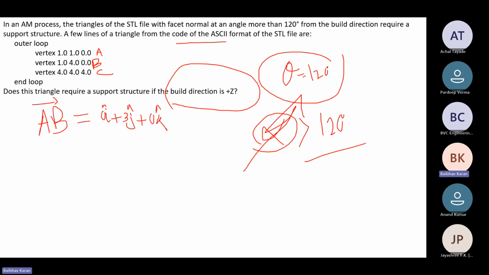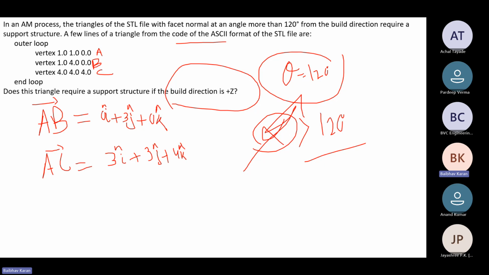This is AB. Then what is AC? AC will be 4 minus 1, 3 i cap, plus 4 minus 1, 3 j cap, plus 4 minus 0, 4 k cap. This is just vector subtraction, nothing else.